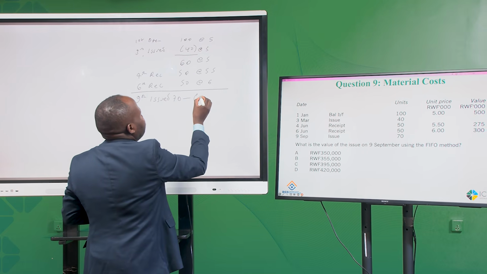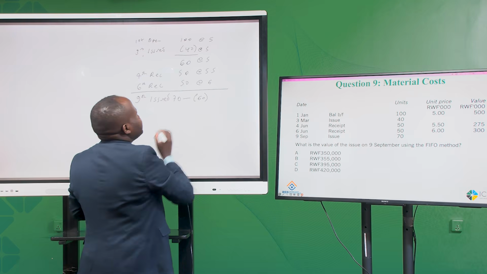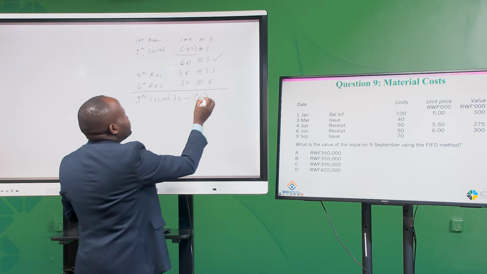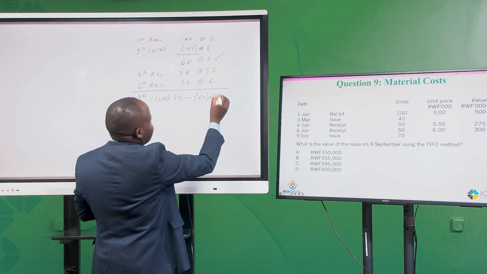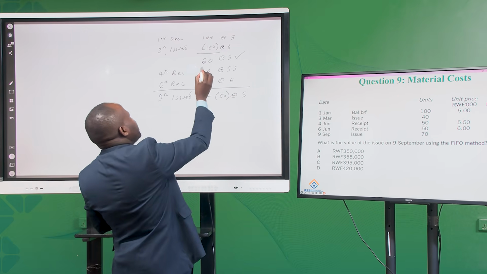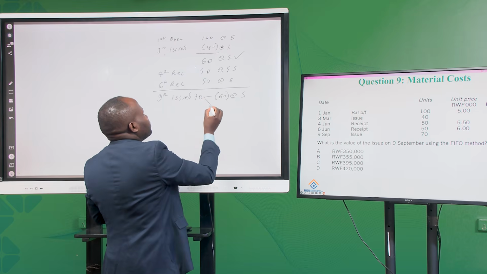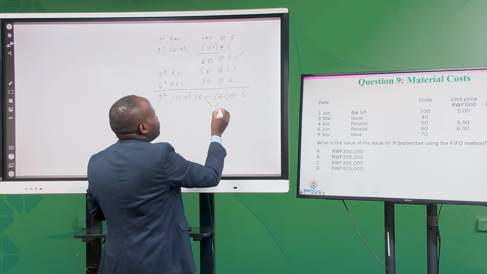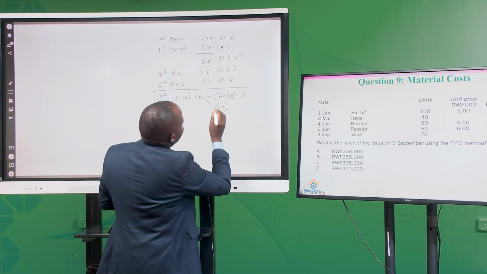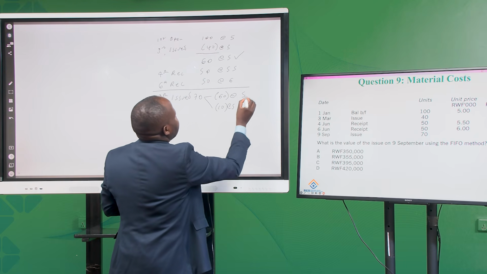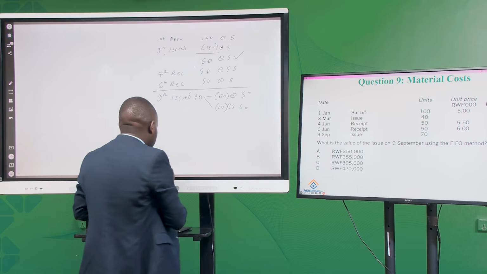So we will first of all issue the 60 so that we clear this unit. So 60 will be at a price of 5. And then we issue 10 from this batch here to make it 70. So 10 at 5.5. So we have those two.